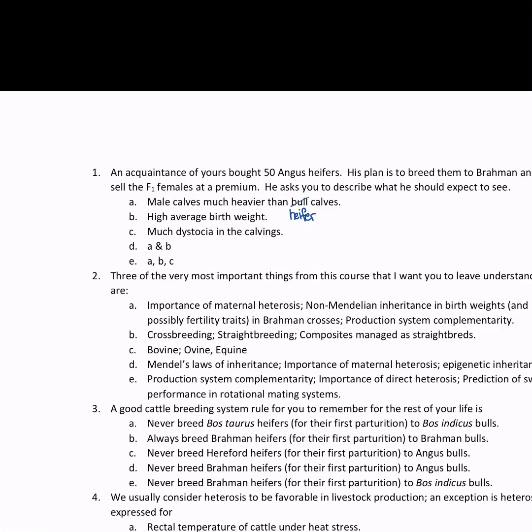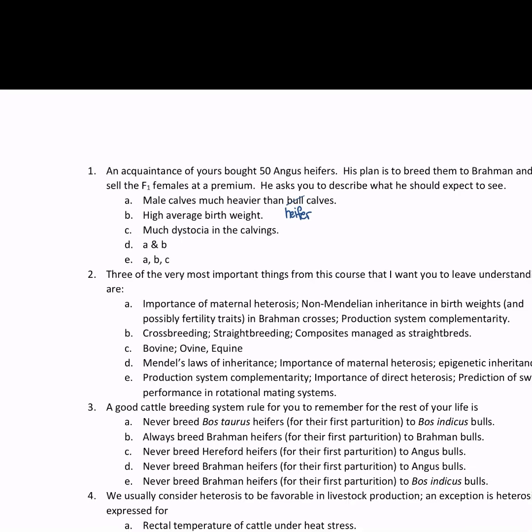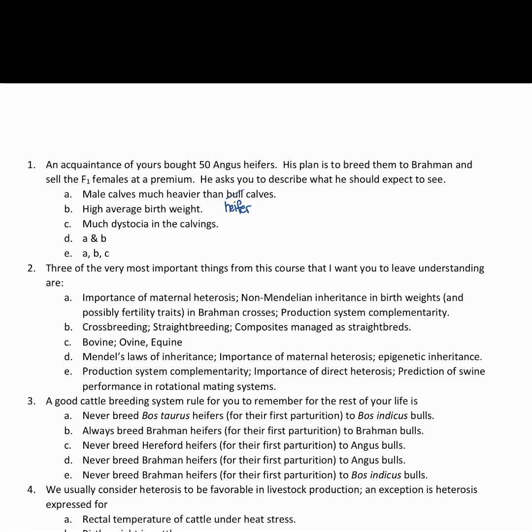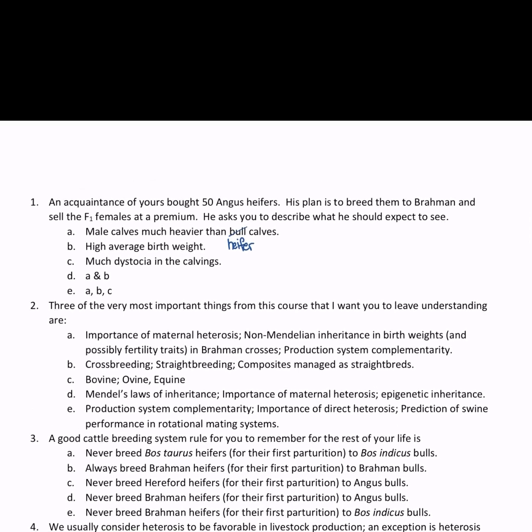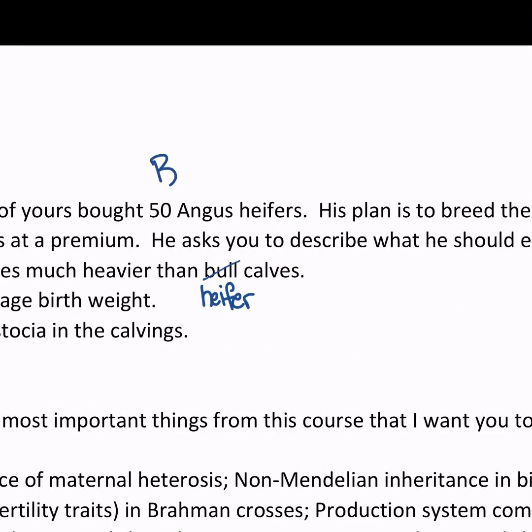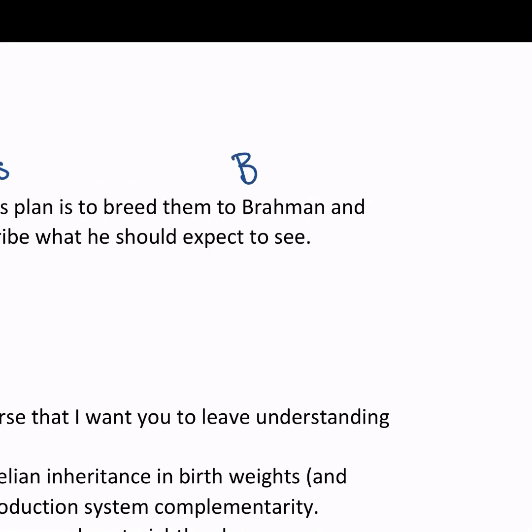So starting out with my number 1, we have an acquaintance that bought 50 Angus heifers and he plans to breed them to Brahman bulls. And he wants to sell those females at a premium. And he asked you to describe what he should expect to see. So let's just write down, we have Bos Taurus heifers, completely Bos Taurus heifers, and then we have completely Bos Indicus bulls.